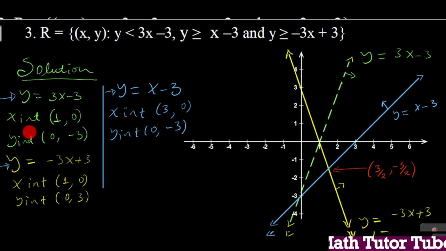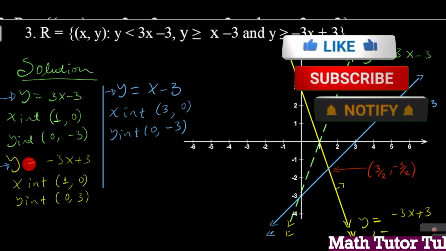The x-intercept and the y-intercept for y equals x minus 3, this one: just put y equal to 0 to get the x-intercept, and put x equal to 0 to get the y-intercept. So when we connect these 2 points, we get this line. This line is broken. Why do we make it broken? Because the inequality is only less than. It has no equal sign.